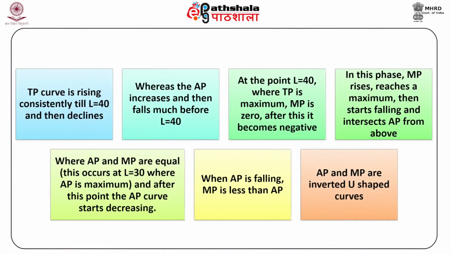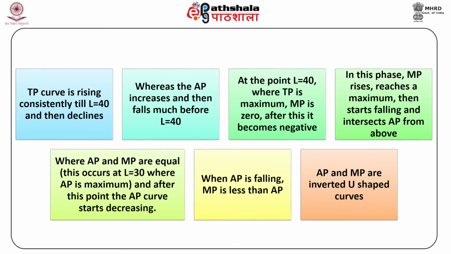Note that the TP curve is rising consistently till L = 40 and then declines, as in figure 1 below, whereas the AP increases and then falls much before L = 40, which is given in figure 2 below.